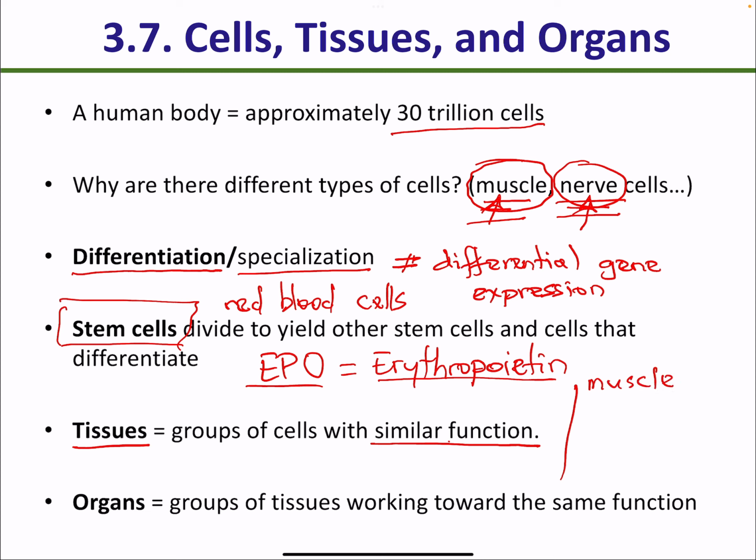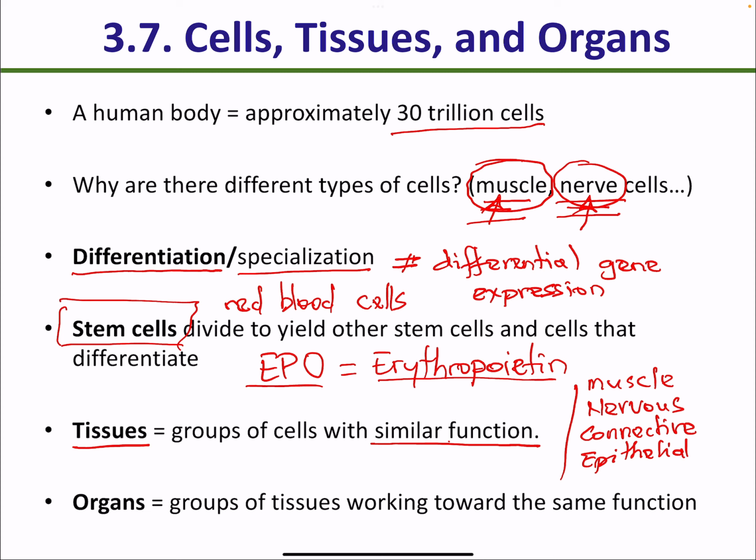We're going to have nervous tissue. We are going to have connective tissues. And finally, we're going to have epithelial tissues. These are the major categories of tissues in the human body.